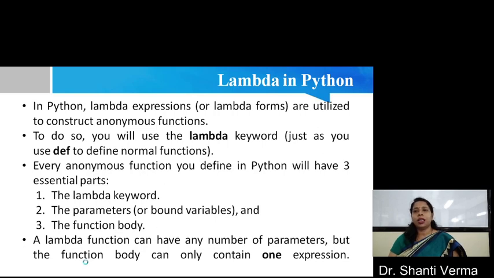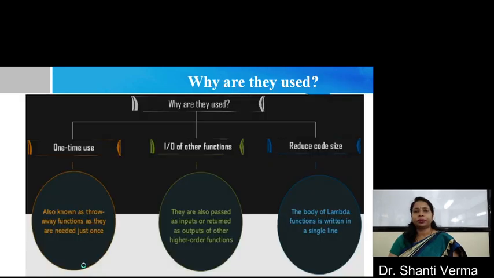First is the lambda keyword, second is the parameters or bound variables, and third is the function body. A lambda function can have any number of parameters, but the function body can contain only one expression. This should be noted: many parameters you can pass in a lambda function, but only one expression you can write within it.